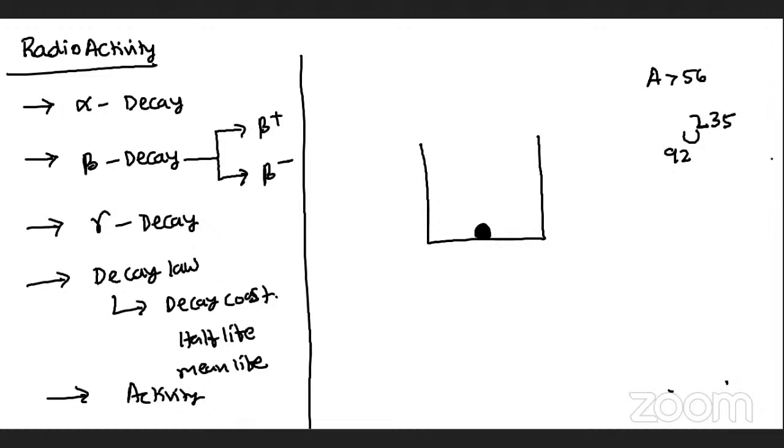With the supply of energy, if the electron comes to the ground state, it can be called stimulated. Without the supply of energy, it can be called spontaneous.